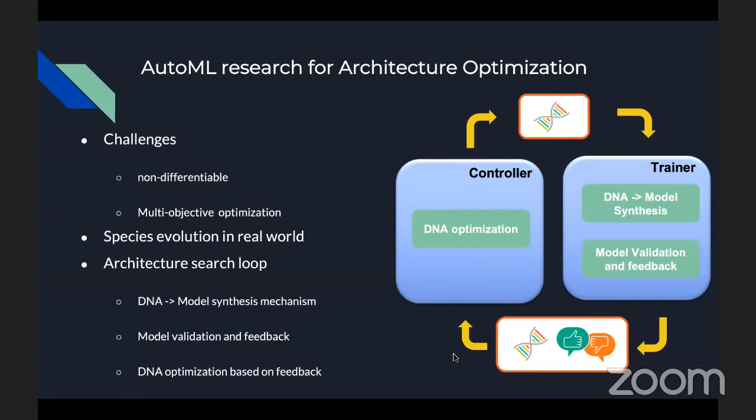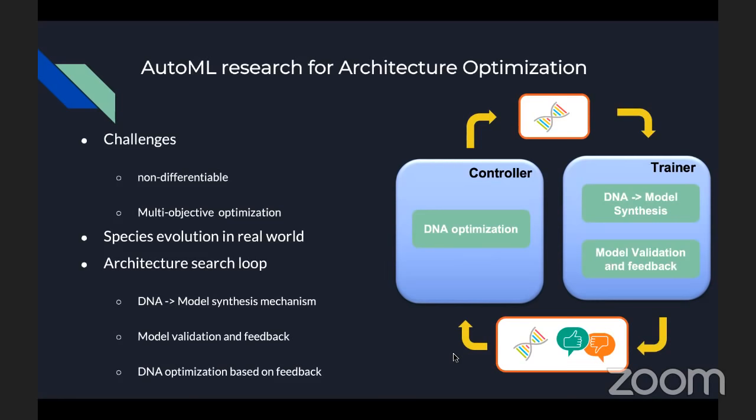And we validate this model to see how good it is in the environment. The validation could be done in very different ways based on the task. Sometimes we use validation accuracy to say how accurate it is. And sometimes we consider more things besides accuracy.